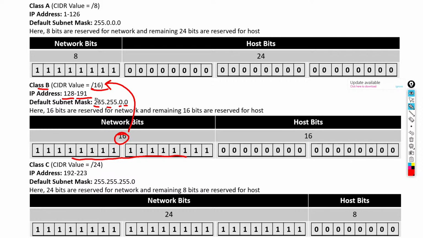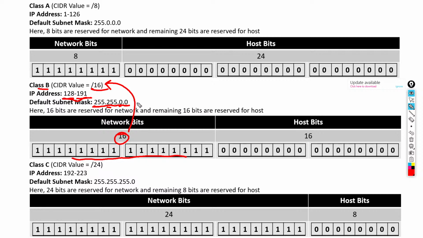So if somebody asks you what the range of class B IP address is, you can tell them it starts from 128 to 191. What is the subnet mask of class B IP address? Its subnet mask is 255.255.0.0.